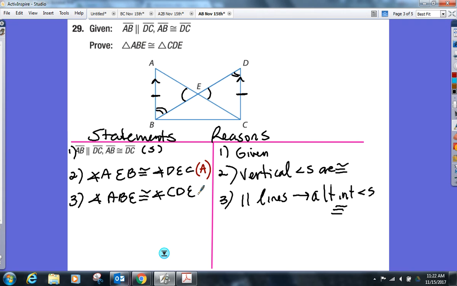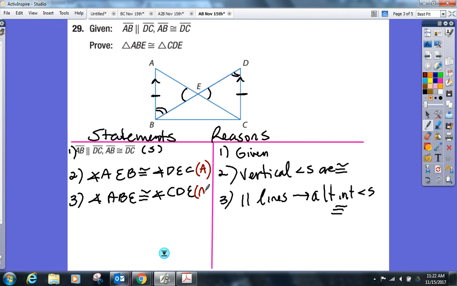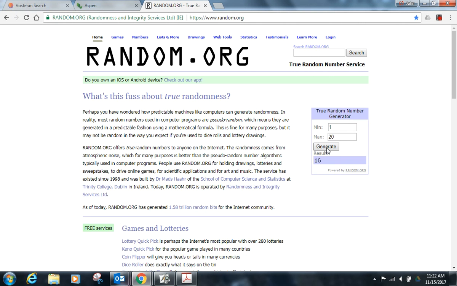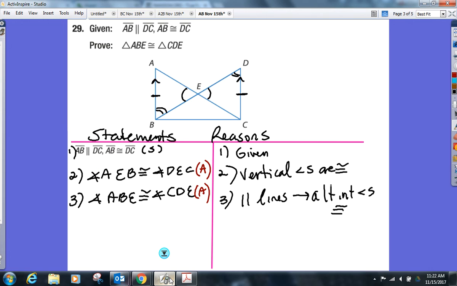Yep. And that gave me another pair of angles. I think the triangles are ready to be proven congruent. Based on how we did it as a class, what's the method of proving them congruent? Angle angle side. Yep. That side is not in between.